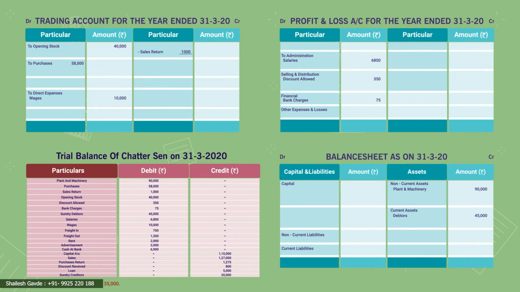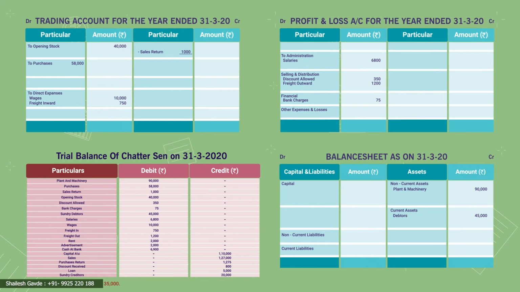Freight in, that means freight inwards, that means carriage inwards, is a direct expense, trading account, debit side, 750. Freight out, that means freight outward, carriage outward, it is an indirect expense. It goes to profit and loss account, selling and distribution, 1,200.